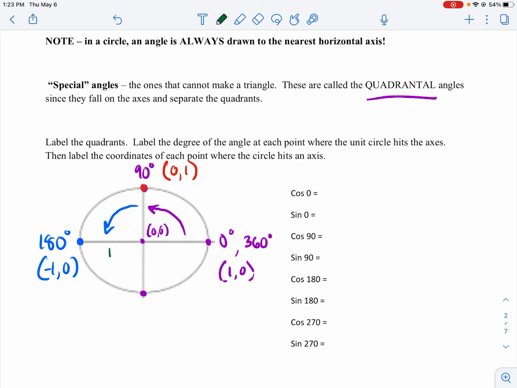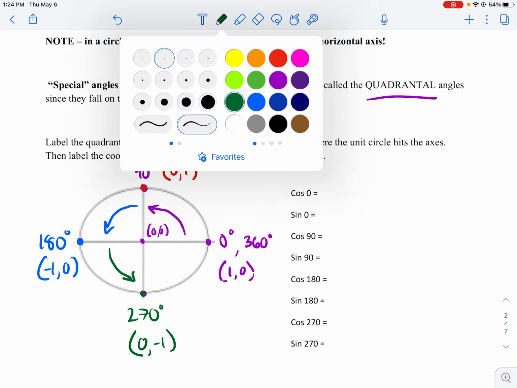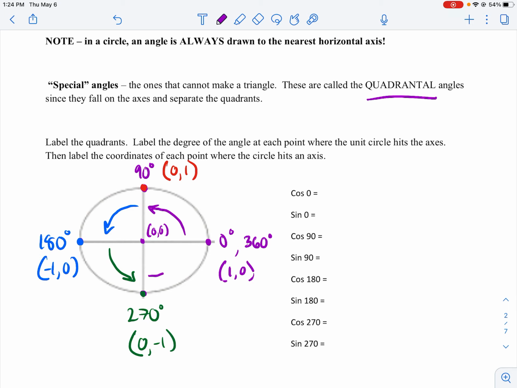And we keep going. Now we've traveled 270 degrees, and this point right here is 0, -1. And now we've traveled back to 360 degrees, and again, back to 1, 0.